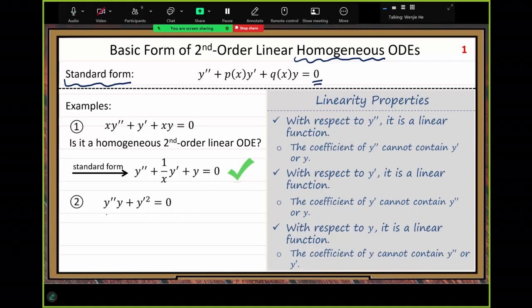In the first term, if you look at the y double prime term, the coefficient contains y. If you look at the y term, the coefficient contains y double prime. That's the violation. Second, that square is a violation. So it is not a linear ODE.